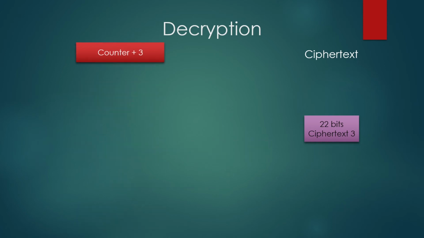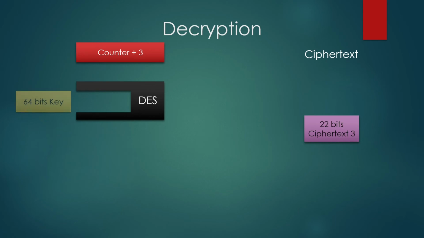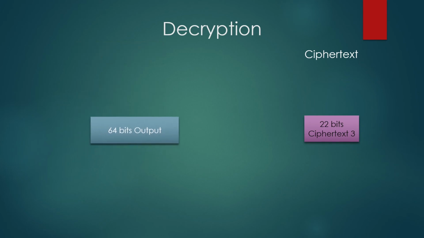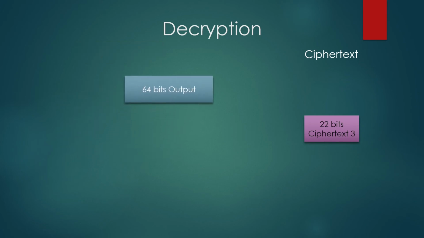For the last ciphertext block, if the ciphertext block is less than the required block size for the decryption method, the most significant bits U of the last output block are used for the XOR operation, where U is the size of the partial block bits of the ciphertext, which is 22 bits.